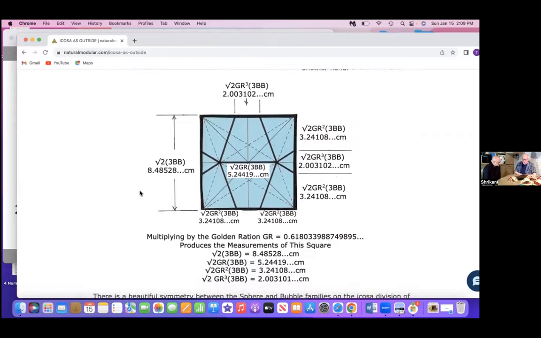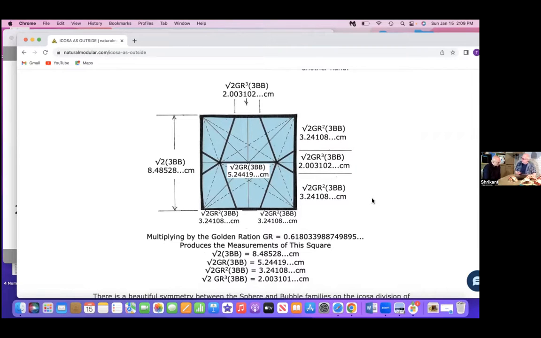And then this, here the edge is the square root of 2, 3bb. Then all of the rest of them is golden ratio squared, golden ratio to the 3rd power.